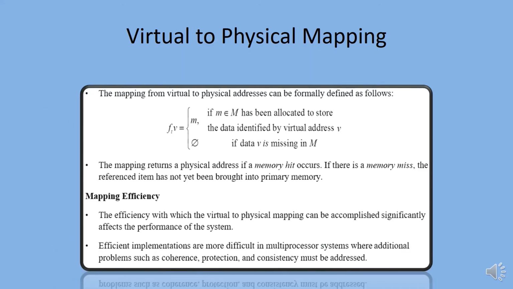Virtual to physical mapping. Each word in the physical memory is identified by a unique physical address. All memory words in the main memory form a physical address space.